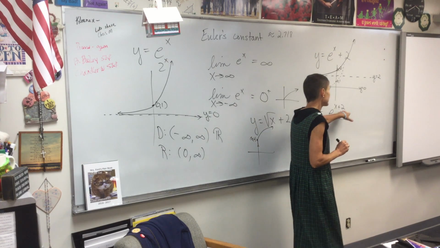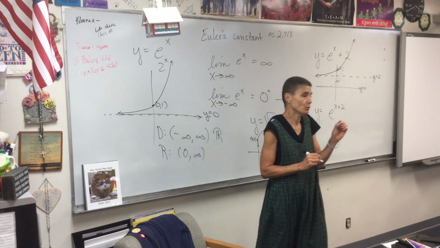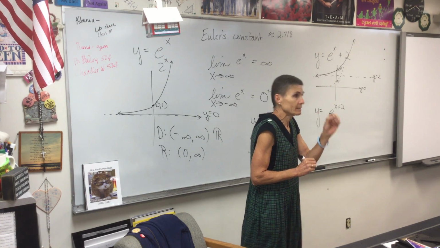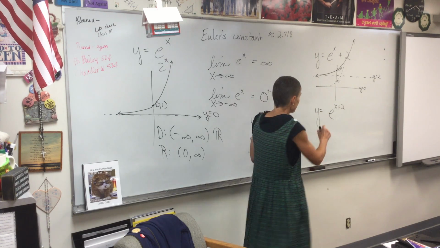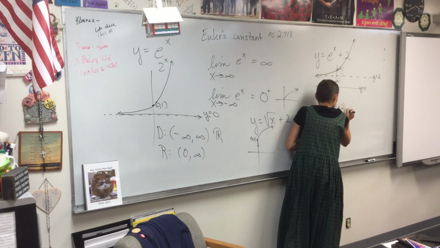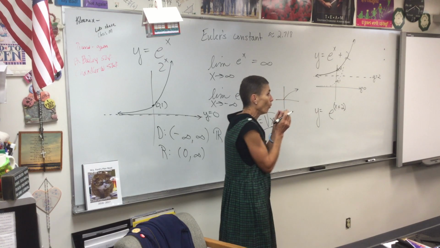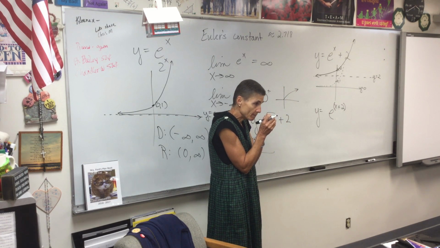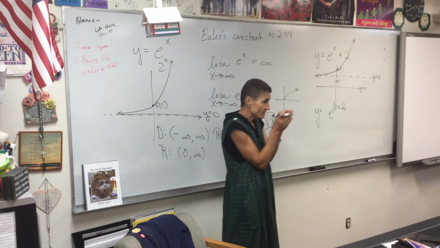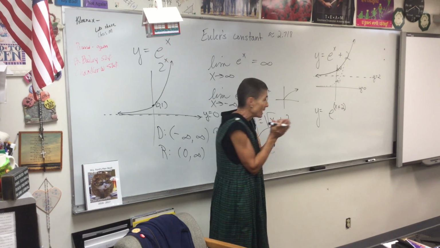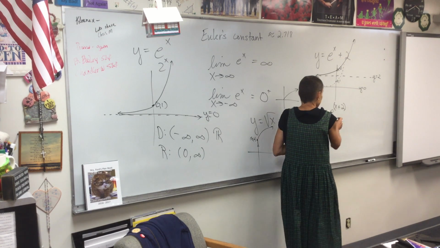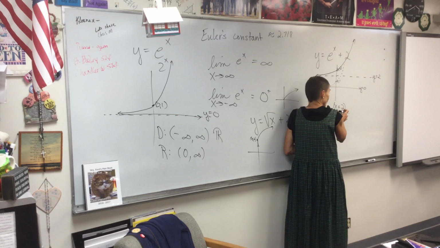Now, what happens when we hook that 2 directly to the x? See, it's in a different position. It is grouped with the x. What happens to the picture then? It moves sideways. And like always, it's the opposite of what you think.